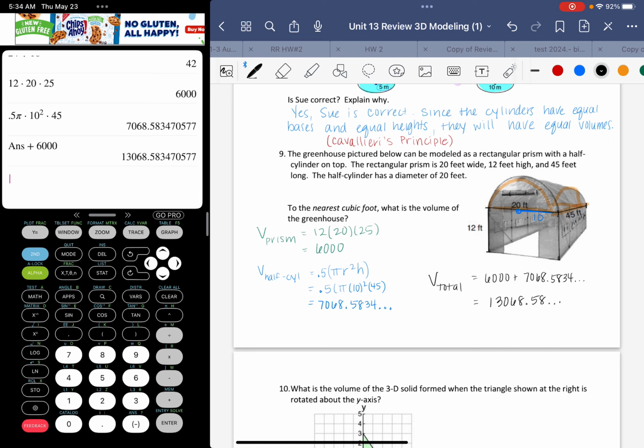So now we can round to what they asked. Nearest cubic foot, so that's a whole number. The next number is a 5, so we're going to bump that up. So our total volume is going to be 13,069. Right? And that would be cubic feet, because it's feet times feet times feet.